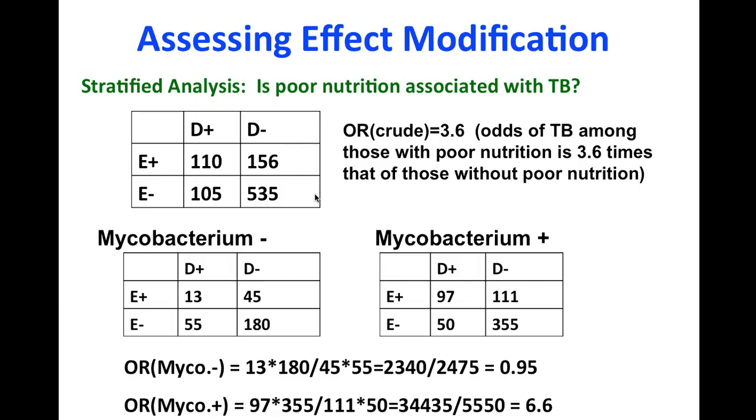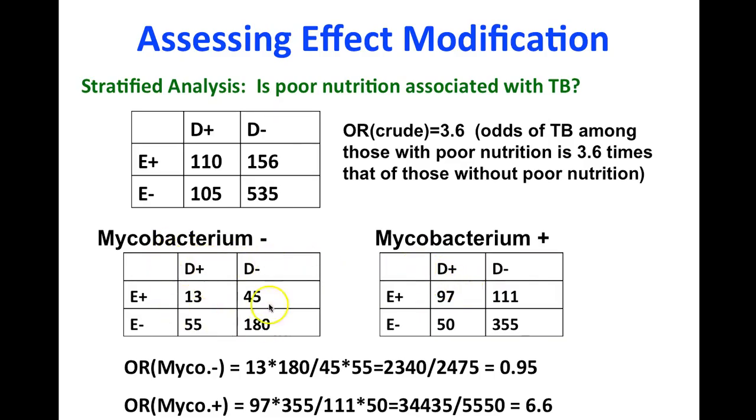You start off with the crude association between the exposure and disease. Say we're looking at poor nutrition and TB, tuberculosis. So you do the usual crude odds ratio, which is what we've been calculating all along. Between poor nutrition, the main exposure, and the main disease, TB, the odds ratio is 3.6. Then we do the stratum-specific odds ratios, just like we did in Lab 1 for confounding.